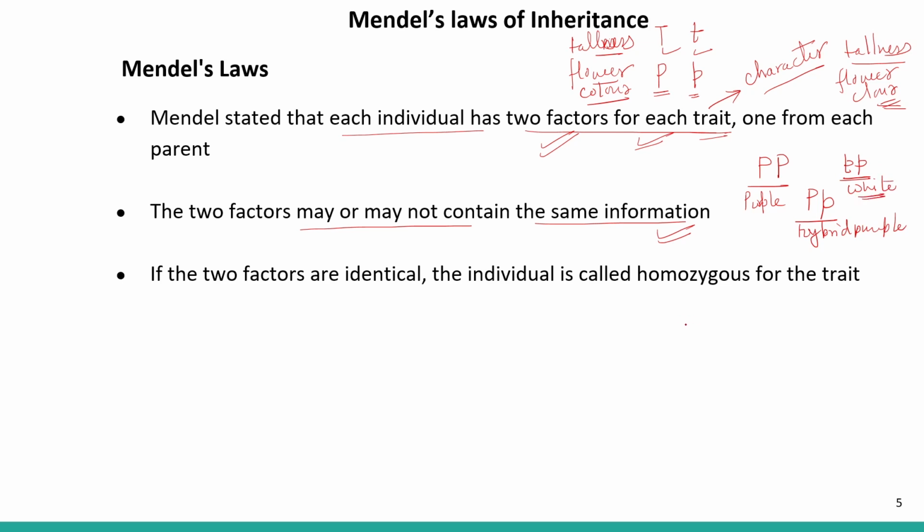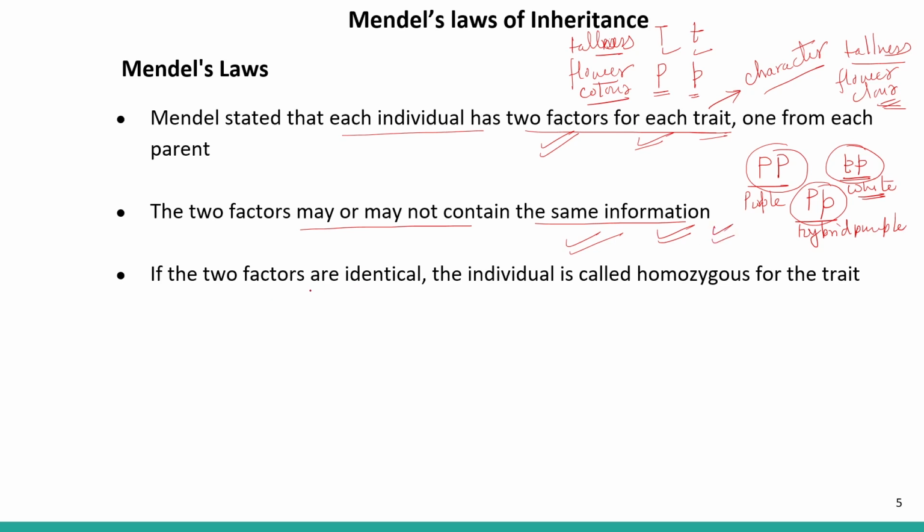Okay, so the two factors may or may not contain the same information. So this paired factor and this paired factor may or may not contain the same information, right?